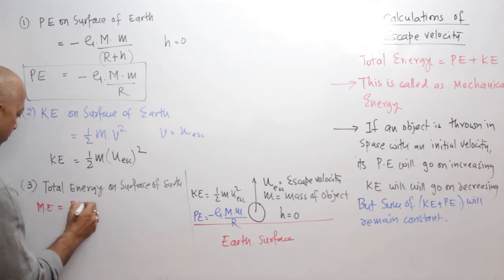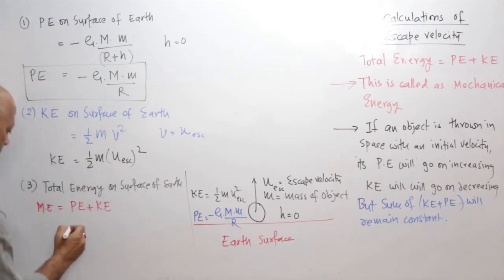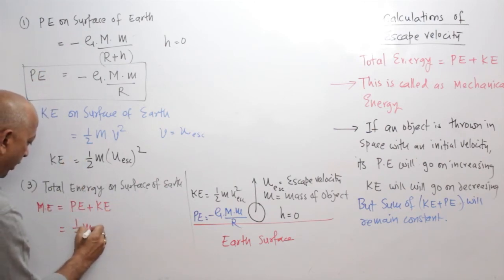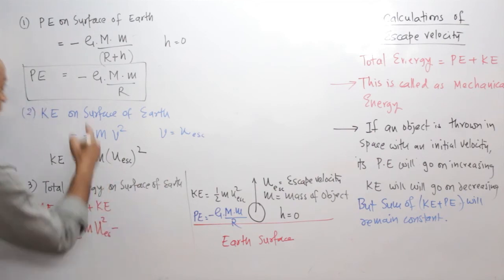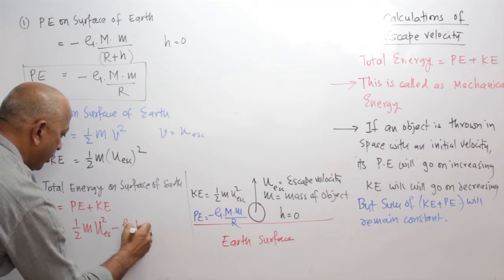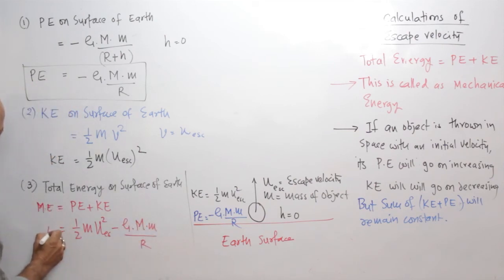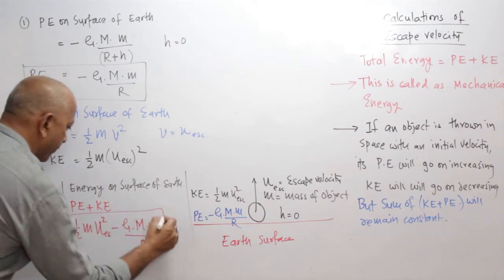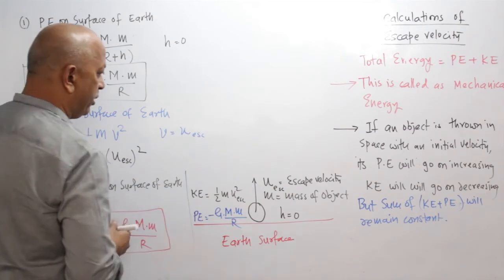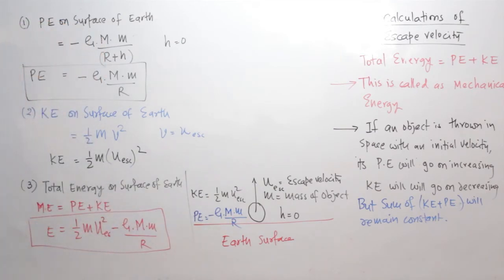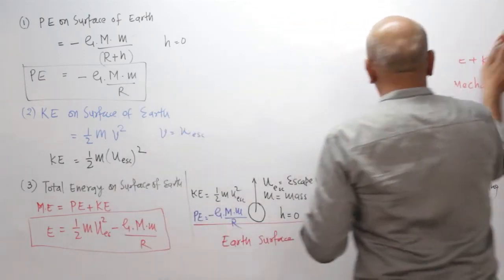That is equal to P plus K. So if I add that, then I'll get 1/2 m u escape square minus G M m upon R. This is the total energy at the surface, the sum of these. Right? Now, I hope you understand.